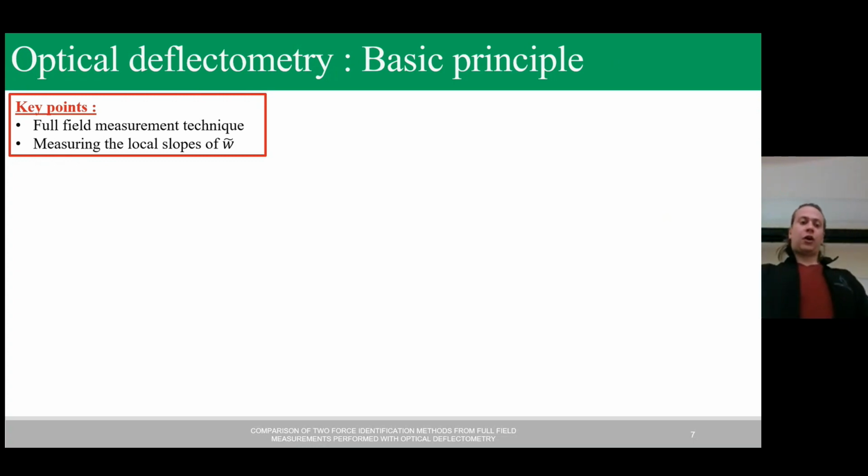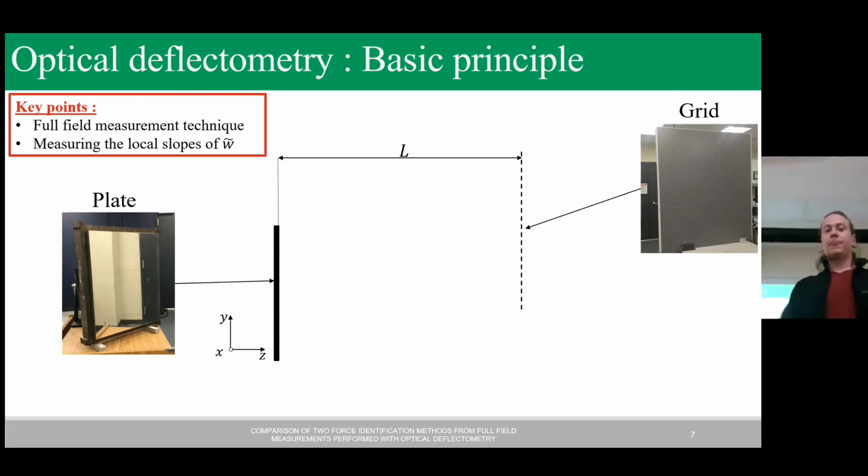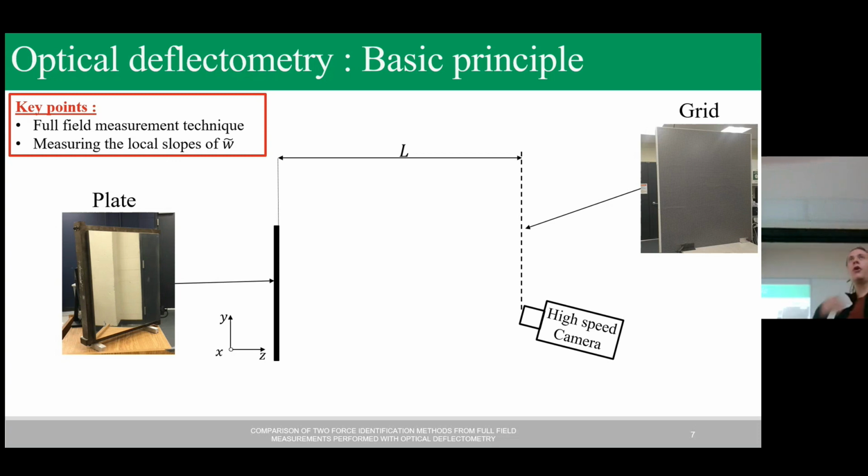So let's have a look at how we do that. We use a plate which has a surface treated like a mirror. And in front of this plate, we place a grid and we also place a high-speed camera. So basically, with the high-speed camera, we can watch the reflection of the grid on the surface of the plate, which acts like a mirror.